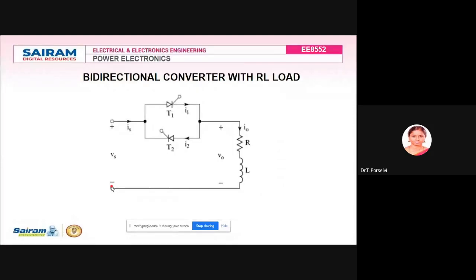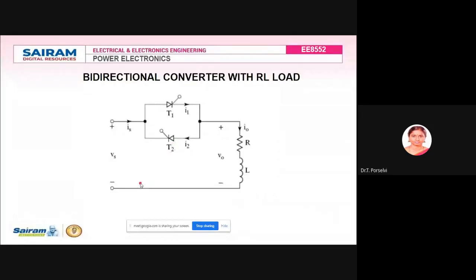Next, during the negative half cycle, this side will become positive and this side will become negative. Thyristor T1 is automatically turned off by line commutation. Now your thyristor T2 is forward biased, and if you release a gate pulse to thyristor T2, it is ready to conduct. So at pi plus alpha, you will be giving a gate pulse to T2.